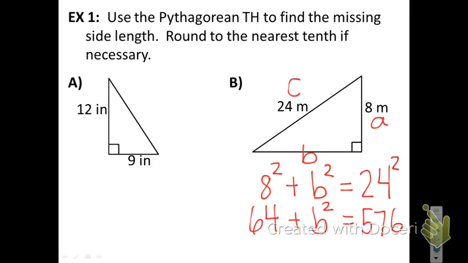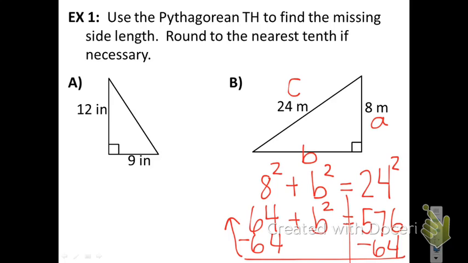Okay, so we have to do the opposite of adding, which is subtraction. Subtract 64 from both sides. Remember how we do this and make that chart?